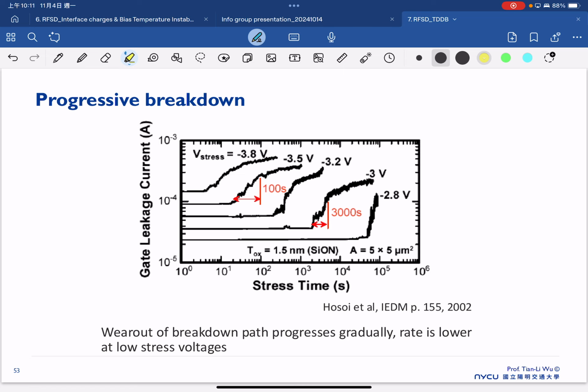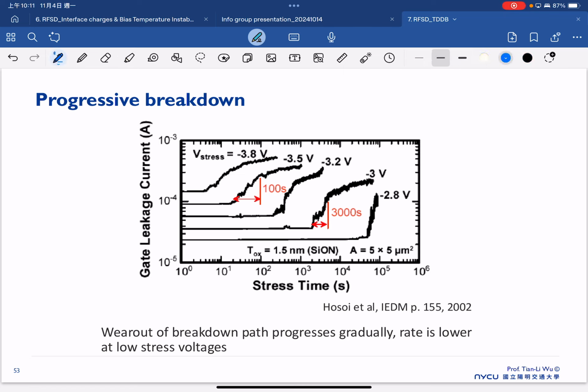If you already have the mindset of the population model, and try to understand how things go between the soft breakdown and hard breakdown, it should be very obvious that this time between SBD and HBD also has a gate bias dependency, because as long as we apply a larger bias, we should always generate defects faster, and therefore the progressive breakdown time will be smaller.